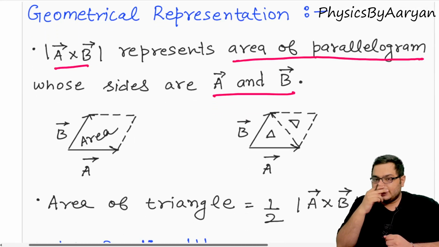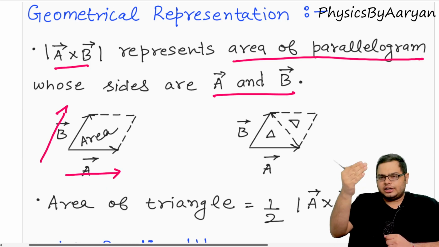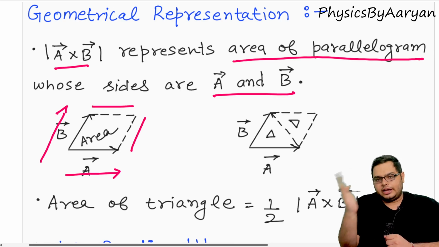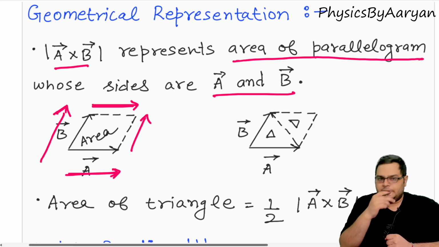So basically you can make a parallelogram with two vectors. One vector is a vector and one vector is b vector. Okay, if you make a dotted line parallel to a vector, this is this, and another line which is parallel to b is this. Basically this line and this line are same, both of them are a. Similarly b vector, this line and this line are same, so both are b.